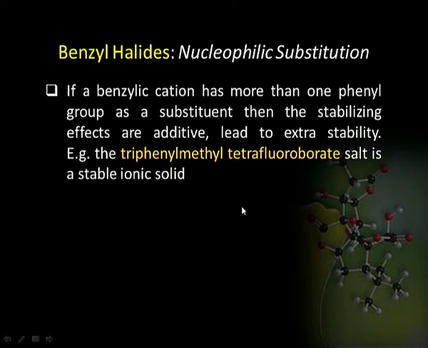For example, triphenyl methyl tetrafluoroborate salt is a stable ionic solid. So, generally we do not find the intermediates to be separable or as solid moieties, but this particular complex is very stable.